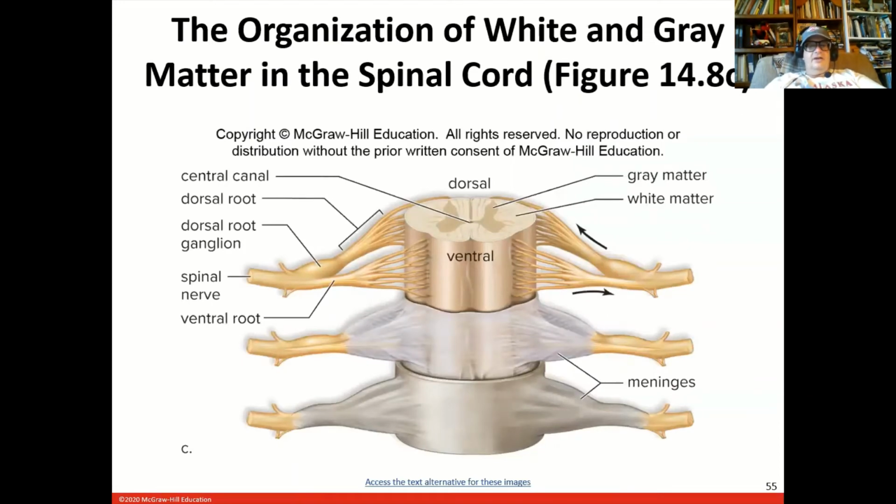All right. So here we are. And you can see that the gray matter is the butterfly. That's unmyelinated nerves. The white matter, which is to the outside, that's myelinated nerves. These myelin sheaths are made out of oligodendrocytes, not out of Schwann cells. All right, so let's move on.